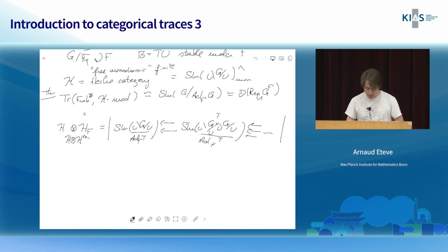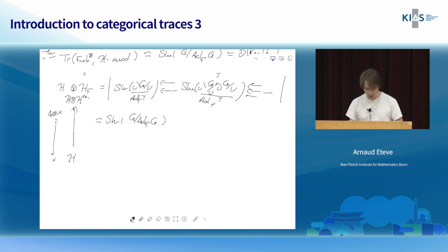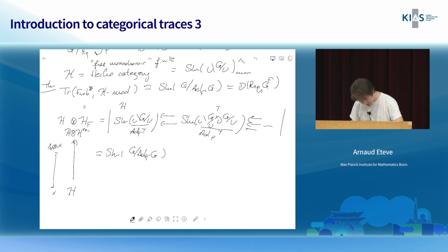And then it turns out that this was the same as sheaves on G divided by ad Frobenius of G. Now there is a natural map from H to this thing which sends X to 1 tensor X. And this first term here, in terms of what it was, was H for the torus, tensor over H_T tensor H_T, with H itself, and this map is just the inclusion onto this first term.